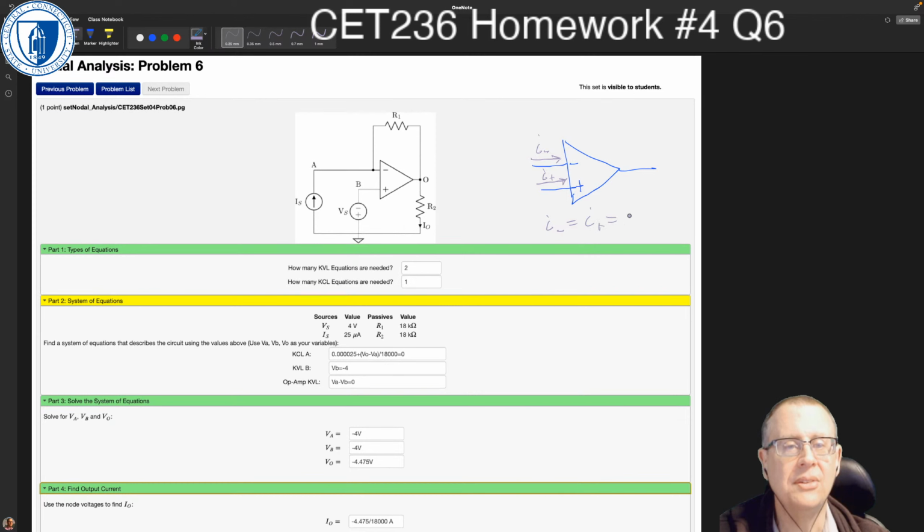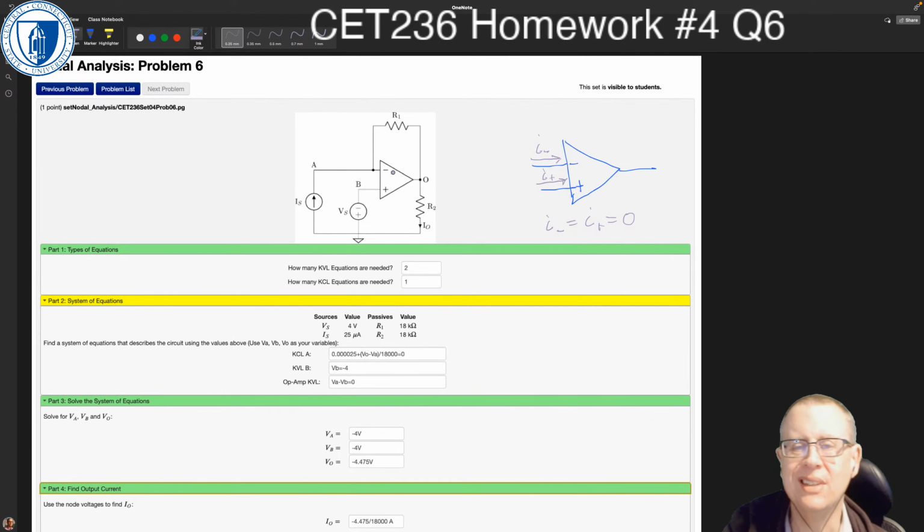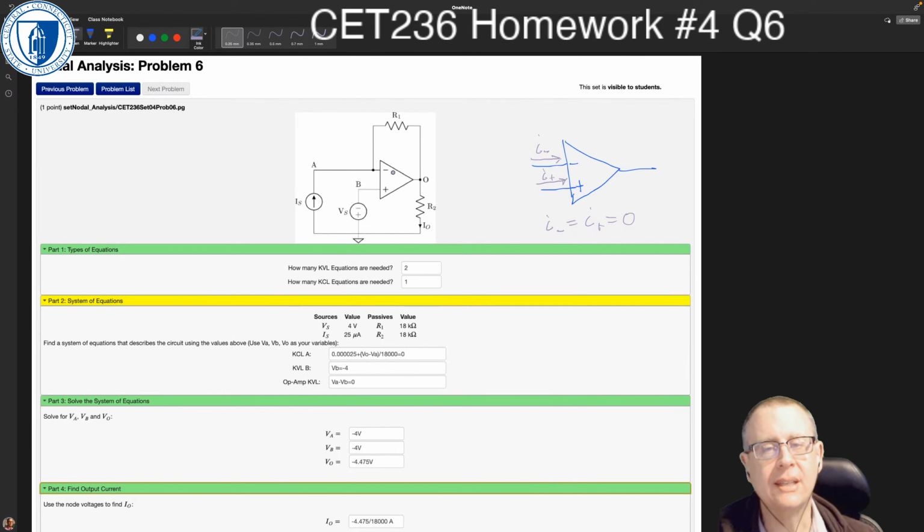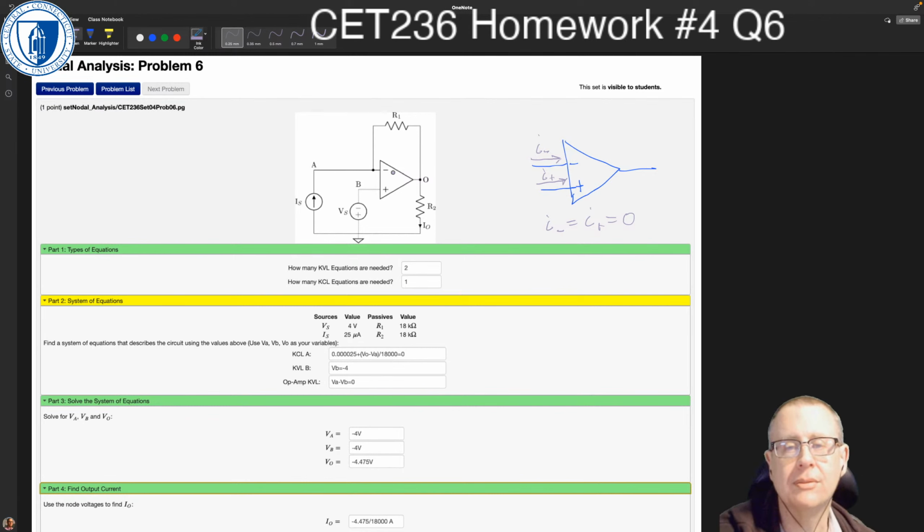I would call that infinite input impedance. There's no current flowing in there. So if we do nodal analysis, or apply KCL, that means we don't have to account for any current flowing into the negative input or the positive input.